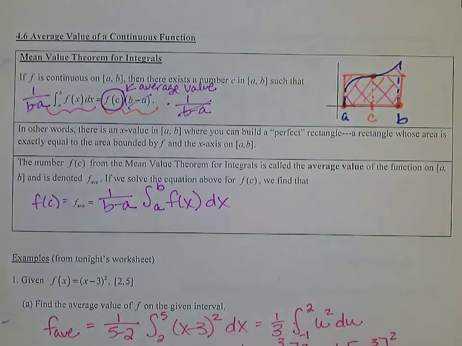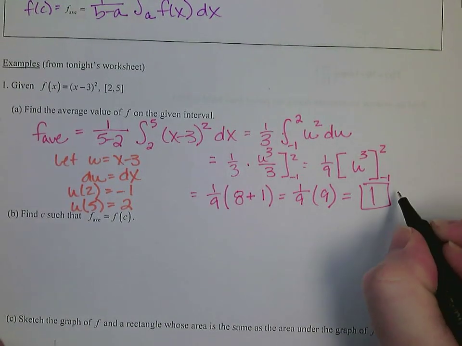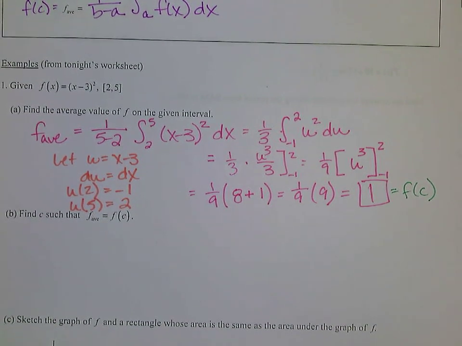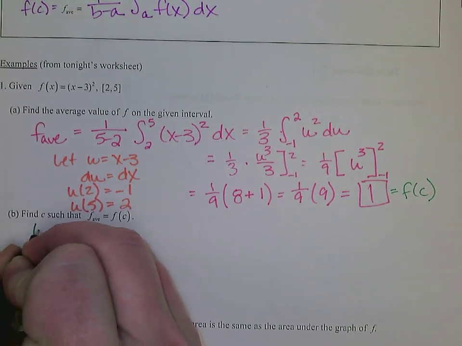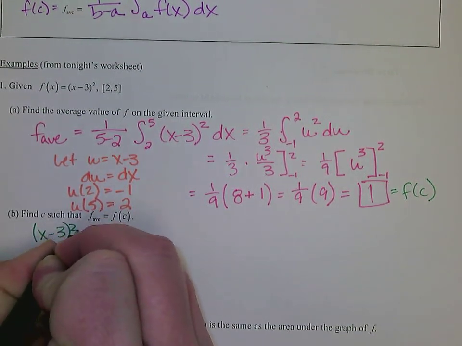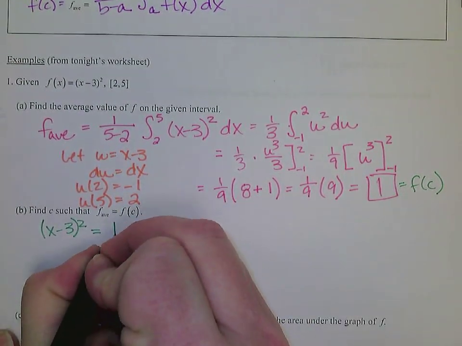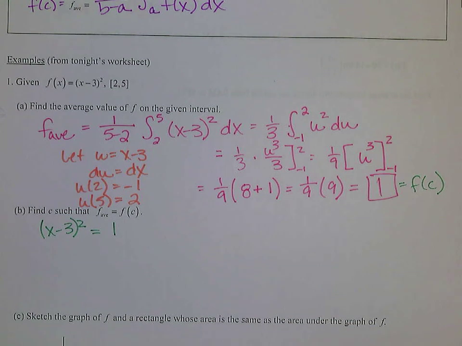This is equal to f of c for some c value between 2 and 5. What c value? Well, we want to know where f of c, also known as x minus 3 squared, is equal to the average function value, 1. And not just anywhere, it has to be a c value between 2 and 5.